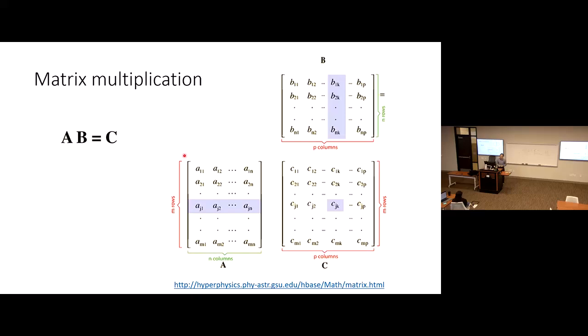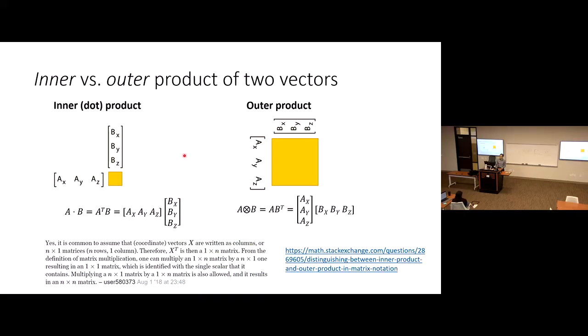Okay, so come back to this, just to review, and then to A times B, two matrices multiplication. That's what I just drew on the board here, and what is the inner product, what is the outer product.